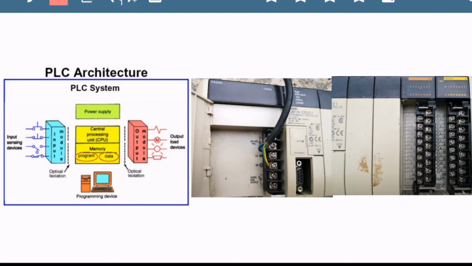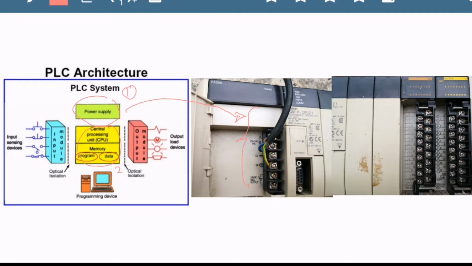After we look at the PLC architecture, now I want to show you exactly the location once again. I use this drawing. First is the power supply, the power supply unit.